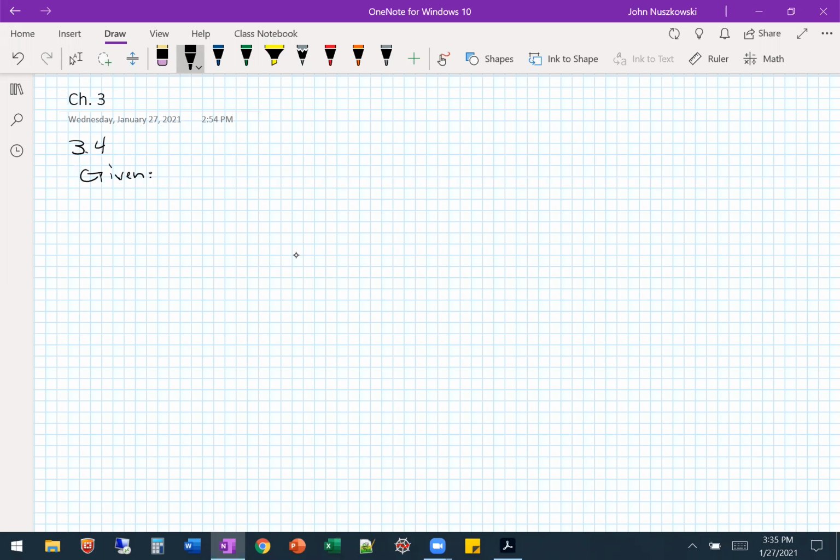A dormitory at a large university built 50 years ago has exterior walls constructed of Ls equal to 30 millimeters thick sheathing with a thermal conductivity of Ks equal to 0.1 watts per meter Kelvin.